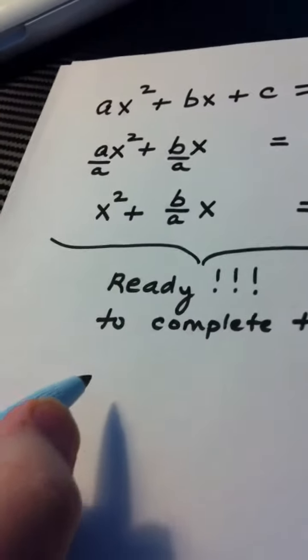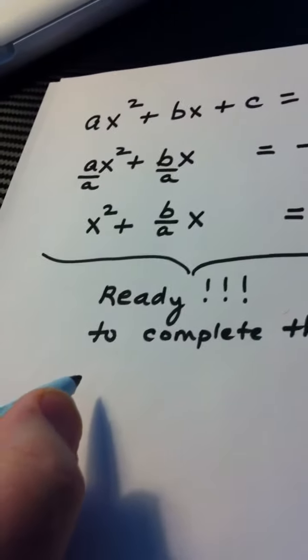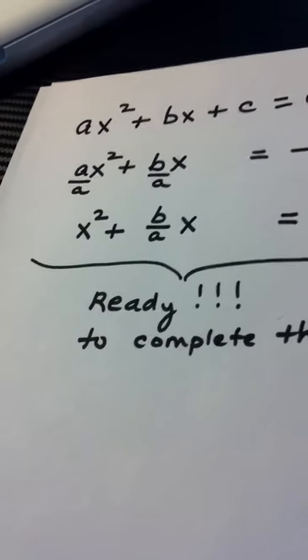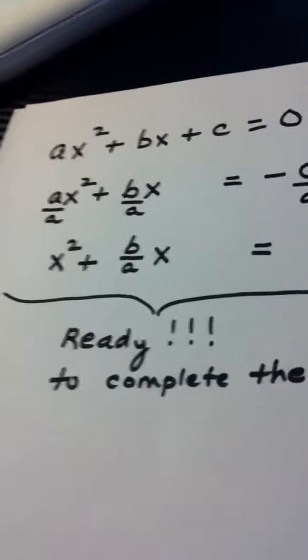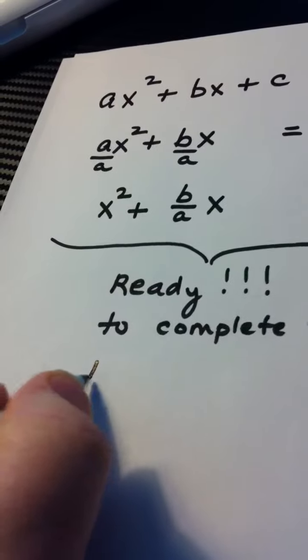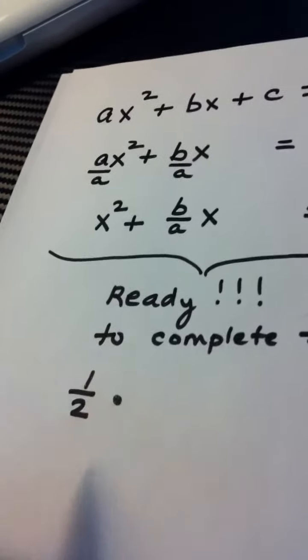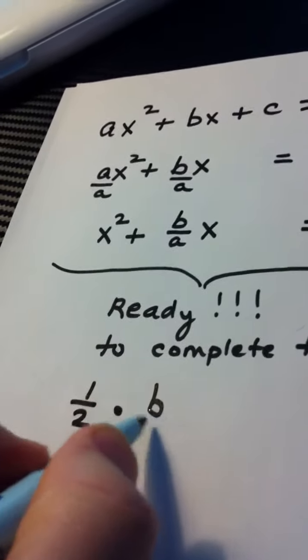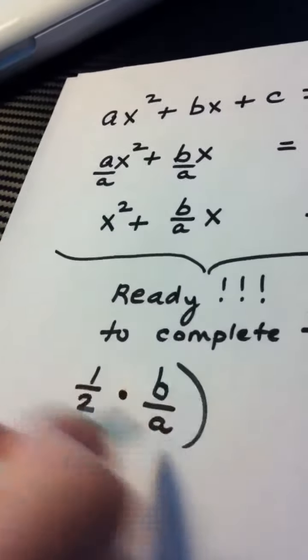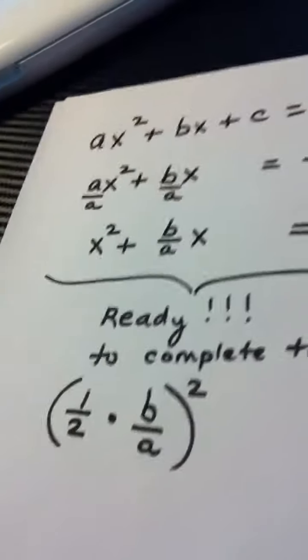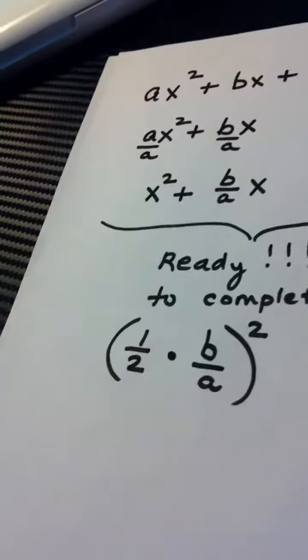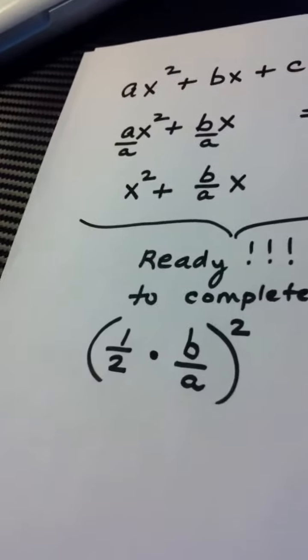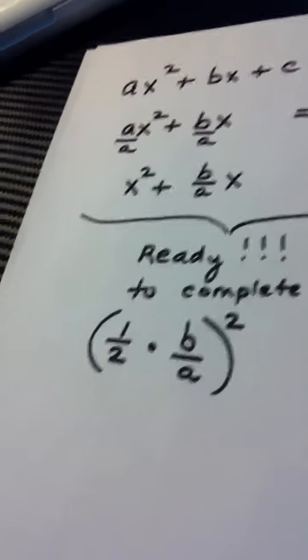Dividing something by 2 is the same as taking half of it. So we take half of b over a and we square it. That's how we come up with the number that we're going to add to both sides of the equation.